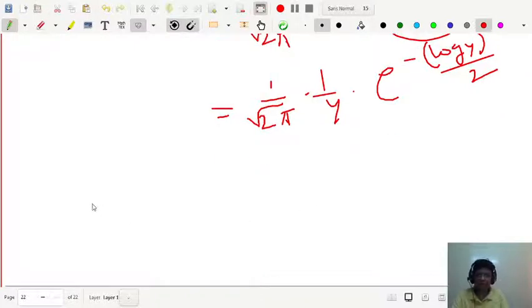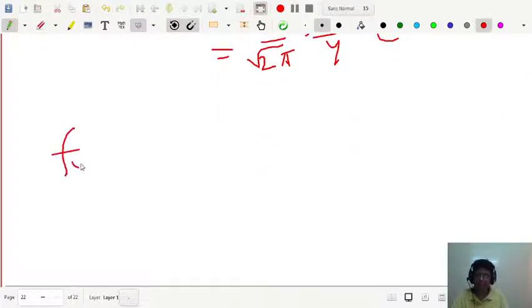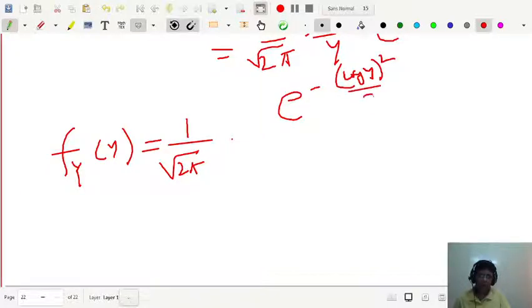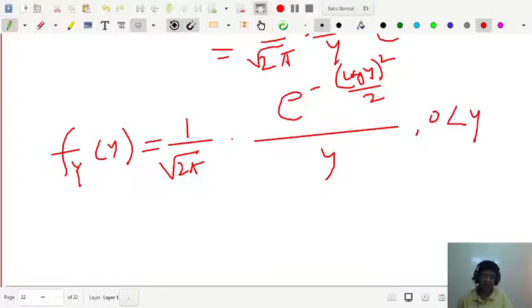So more compactly you can write f_Y(y) equal to 1 by root over 2 pi y into e to the power minus (log y) whole square by 2, the whole thing in the exponential power, for 0 less than y less than infinity.